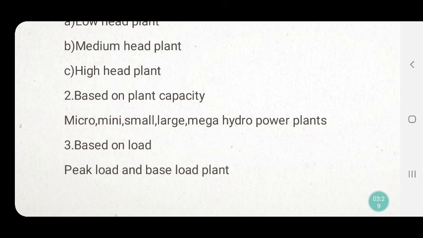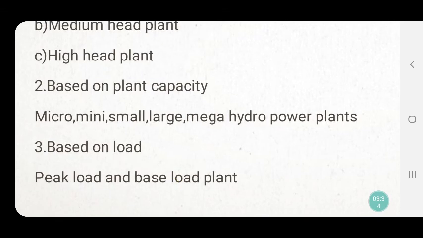Next, based on plant capacity: micro, mini, small, large, mega hydropower plants. Micro means very small, the range of generation of electricity is small. Mini is greater than a micro power plant. Small and large power plants generate more electricity than micro and mini plants.